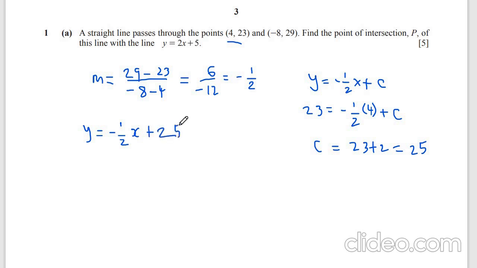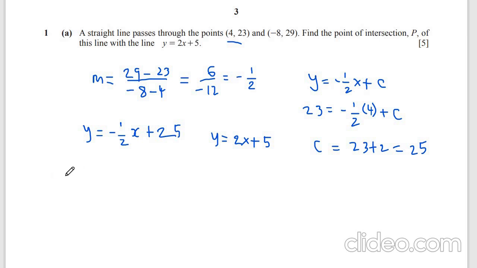And the other equation is y equal to 2x plus 5. Now we can solve these two system of equations to find the point of intersection either by substitution or the elimination method. I'm going to go for the substitution method.